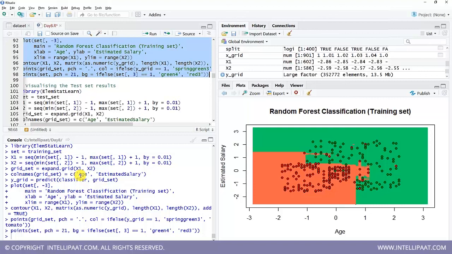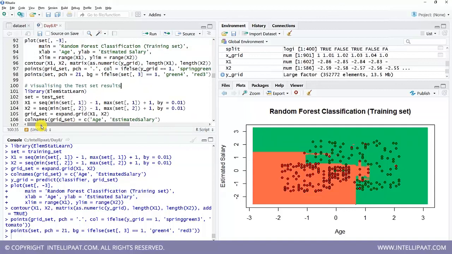Okay, let's give it some more time. As we wait for the appropriate plot to pop up, yeah, this is the one.